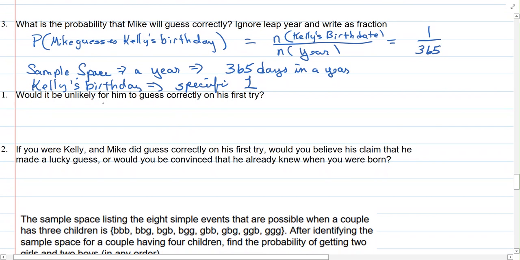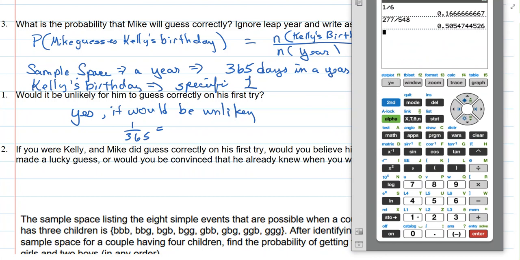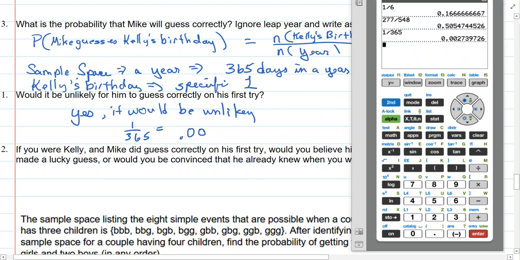Would it be unlikely for him to guess correctly on this try? Yes. The 1 over 365 equals, let's use the calculator, 0.0027. So it's very slight. It's not even 1%.